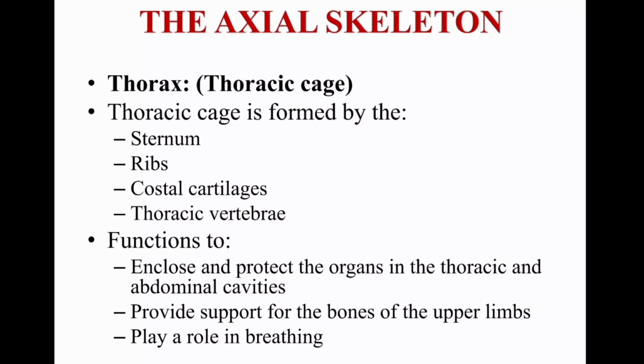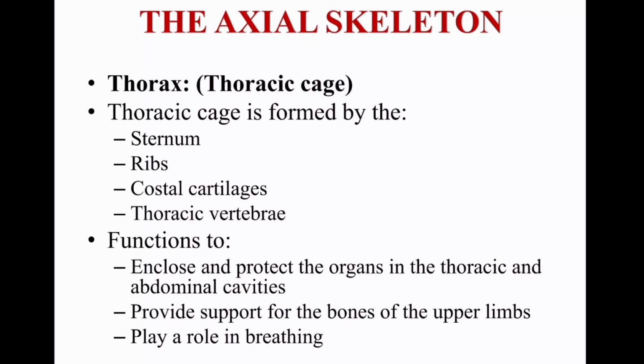Next is the thoracic cage. The thoracic cage is formed by the sternum, ribs, costal cartilages and thoracic vertebrae.